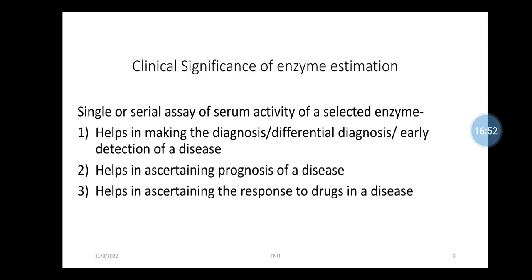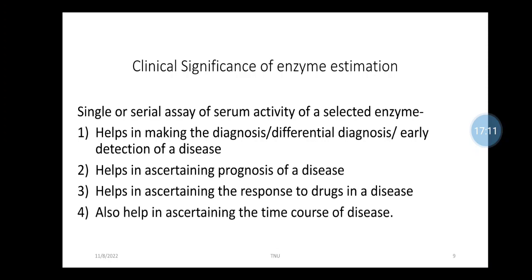If a person is taking a drug, then in response to the drug there may be some enzymes, and those enzymes can indicate the drug response. They also help in ascertaining the time course of the disease, like at what time the person becomes sick.